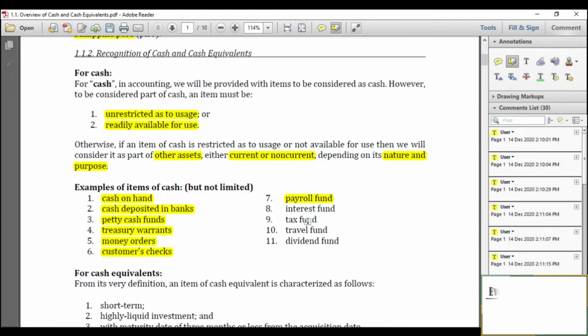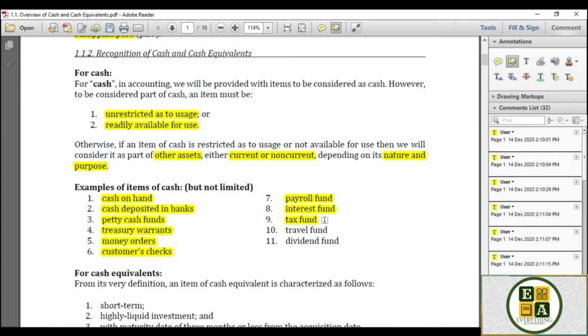Then we also have interest fund. Interest fund is for purposes of paying interest, lalo na kapag meron tayong mga liabilities that bears or nagkakaroon or parang sa layman term na nanganganak ng interest. Okay? Then we also have tax fund for purposes of taxes.